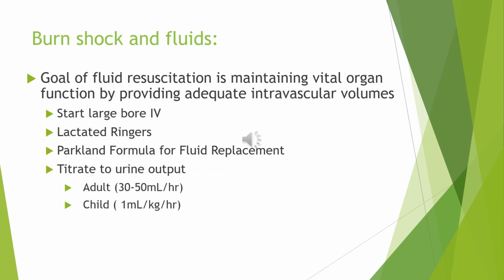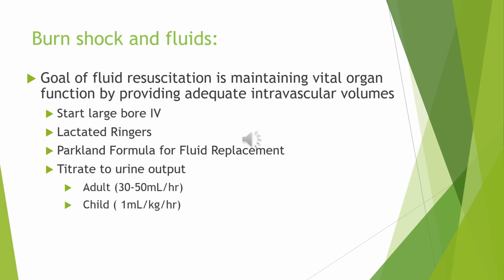So for burns, shock, and fluids, the goal of fluid resuscitation is maintaining vital organ function by providing adequate intravascular volume. So we need a large bore IV. A lot of times they put in a central line for this.